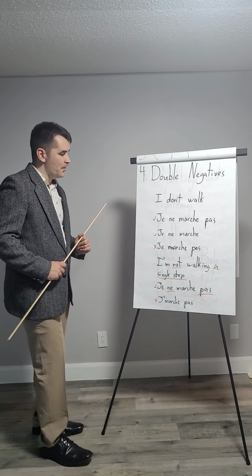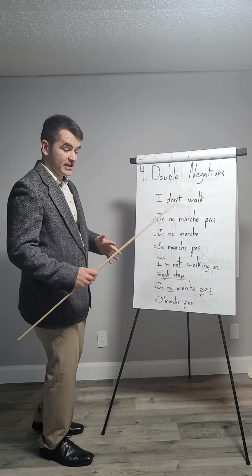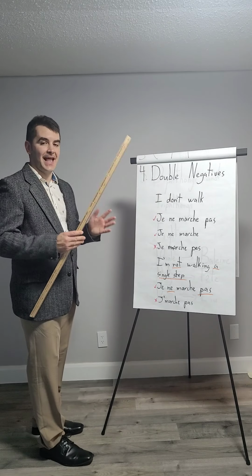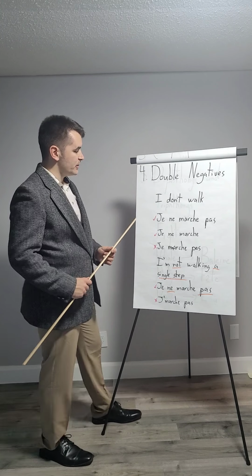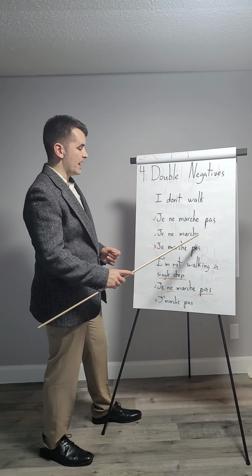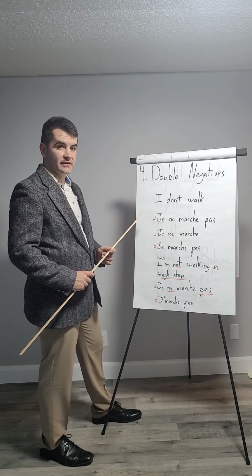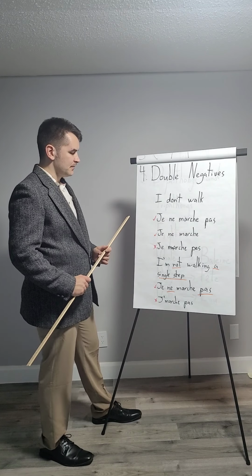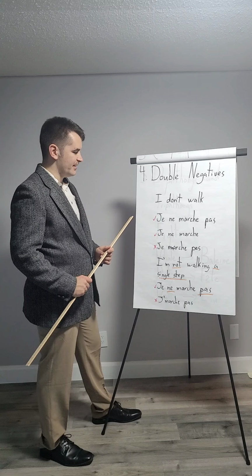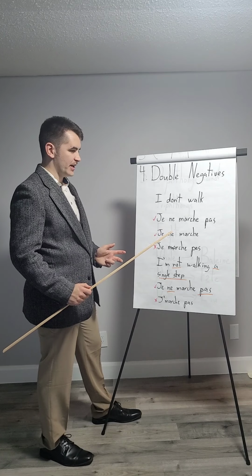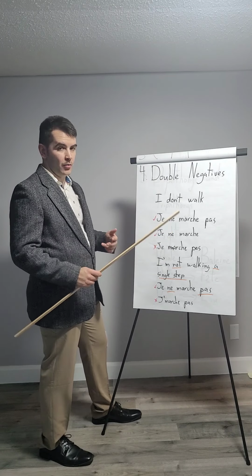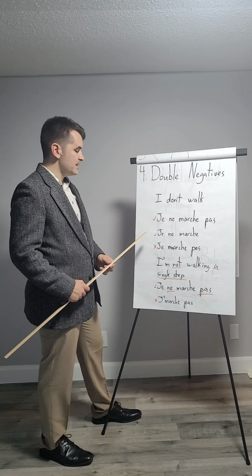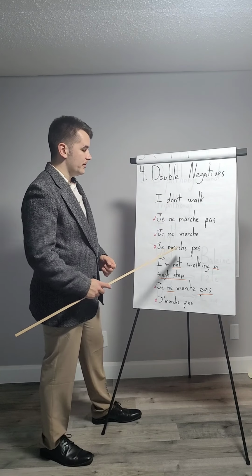So French has Latin roots, and originally you would write je ne marche, where the ne is what would indicate the negative. And eventually, we're in a situation now where in informal, kind of spoken French, you may say something like je marche pas.